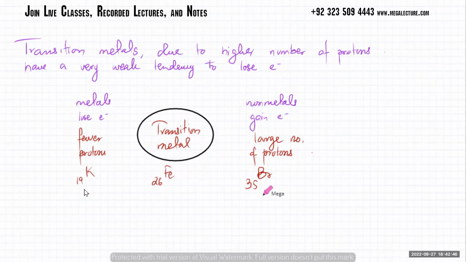Potassium, with 19 protons, doesn't really attract electrons. It loses electrons very easily. Bromine on the other side very strongly gains electrons. And iron is somewhere in the middle. So transition metals lose their tendency to lose electrons, and they develop a very weak attraction for electrons. So instead, they slightly like to attract electrons.